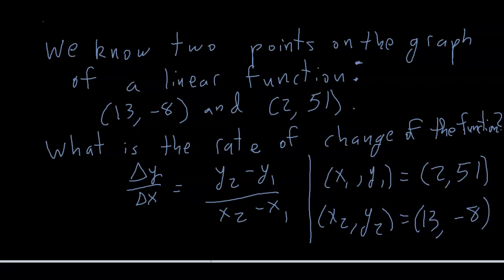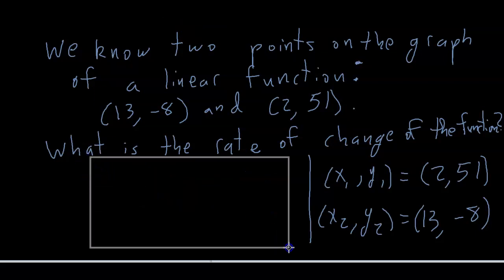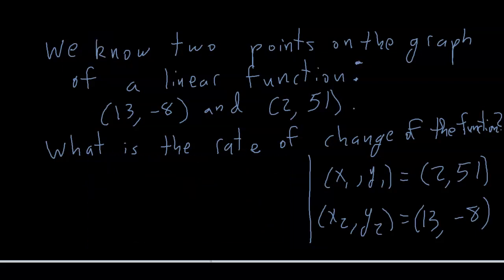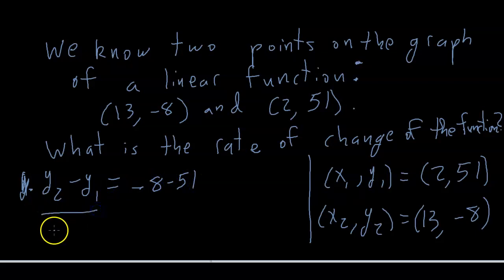All right, so let me make some room here for us to calculate. There we go. Let me get my brush back and my color back. Okay, so what is y2 minus y1? y2 minus y1 is going to be negative 8 minus 51, right?